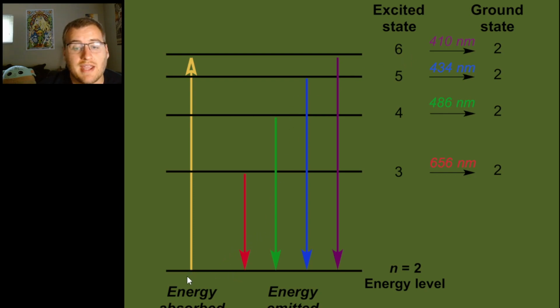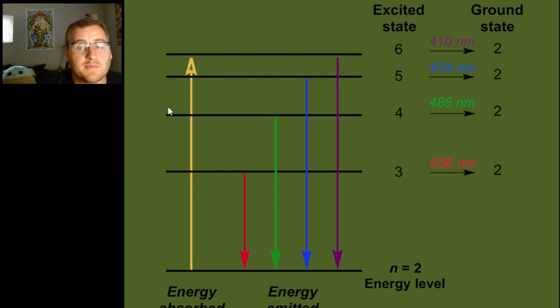Now, to make an electron go from energy level 2 to energy level 6 or any other energy level, you must absorb a specific photon of light. A tiny little photon with the exact right wavelength would have to hit this electron, and that extra energy it receives would be just the right energy to go up to this top level.